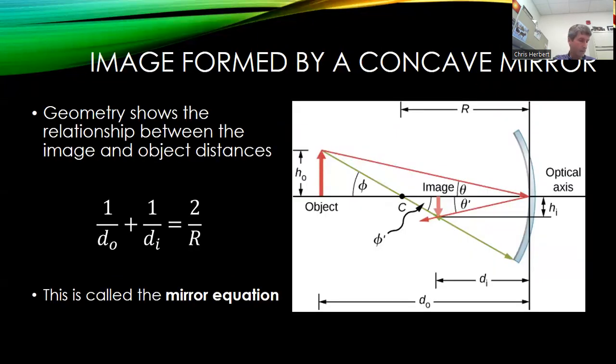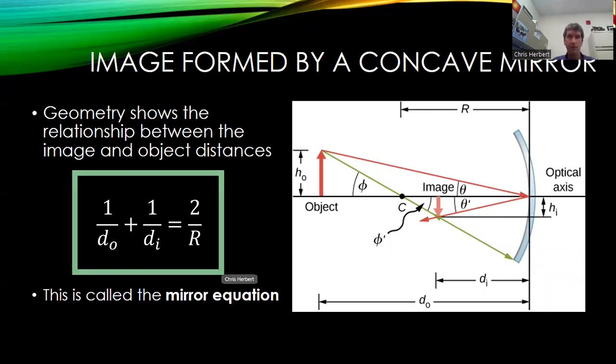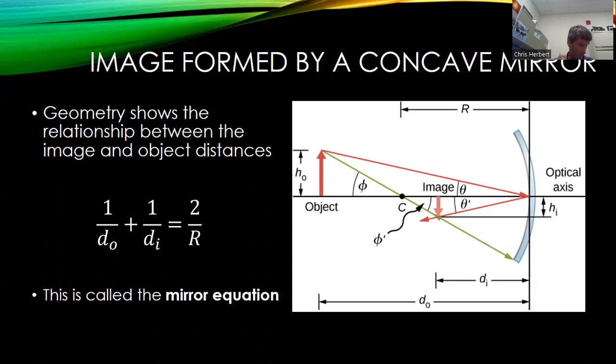Now, we can use this equation right here to describe the relationship between the distance to the image, the distance to the object, and the radius of the mirror. That's not the most convenient way to write out what's known as the mirror equation. It's more convenient to actually replace R with F. F is the focal length.